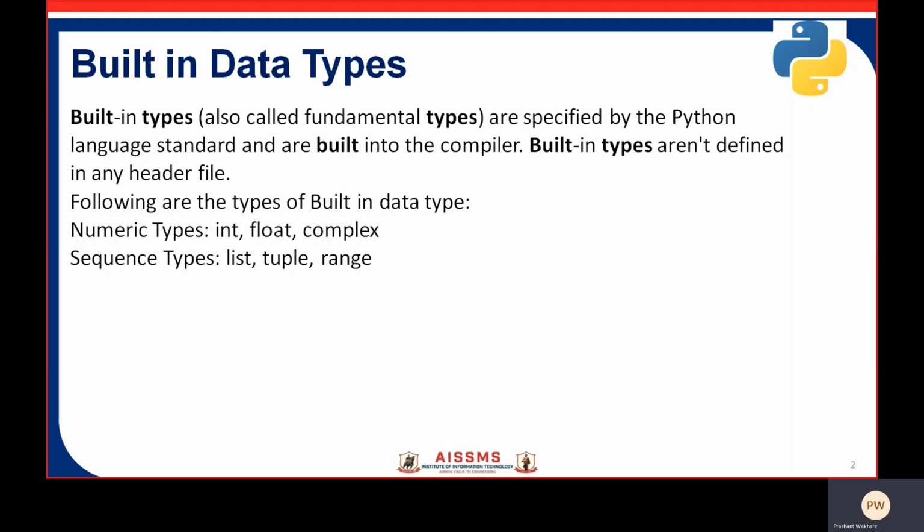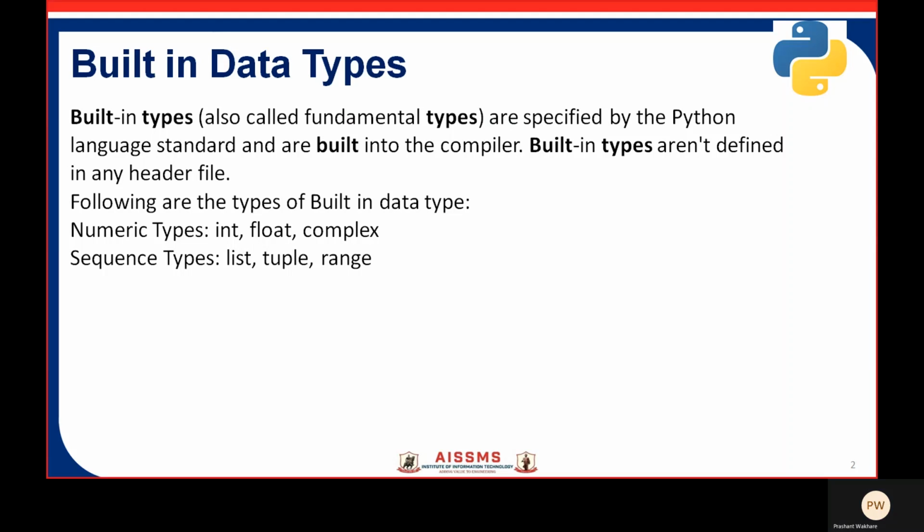In sequence data types, the first one is the string. I have not mentioned it here, but string is also a sequence data type. A string value is a collection of one or more characters put in single, double or triple quotes.